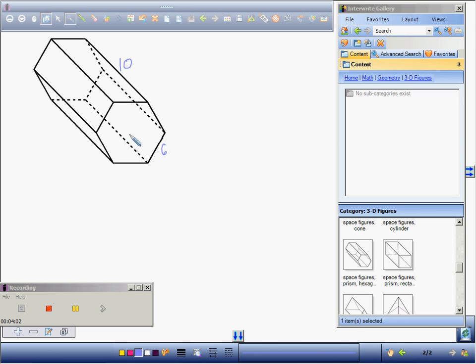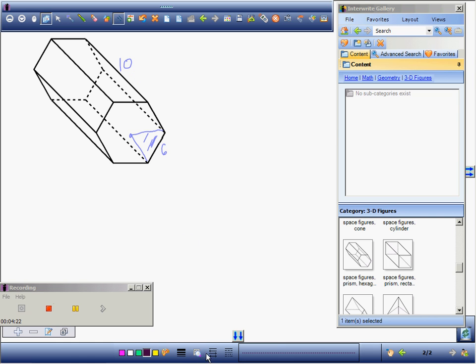Okay. Now this is a pretty complicated problem because first what you have to do is find the area of this regular hexagon. So what I'm going to do is draw in one of these 6 equilateral triangles, right? If I draw in all of these equilateral triangles, you can see I have 6 of them in a regular hexagon.